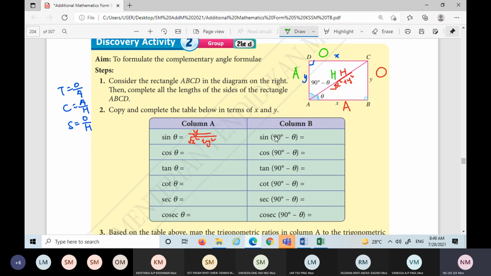Now I do sine 90 minus theta, O over H. Now I have to refer to the green one. O is x, H is the square root of x squared plus y squared. Okay, ready?